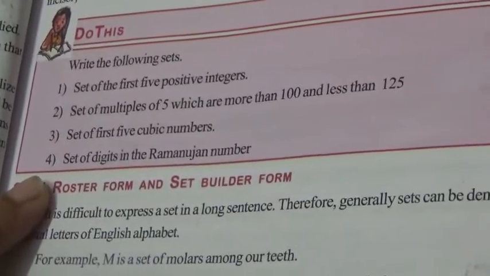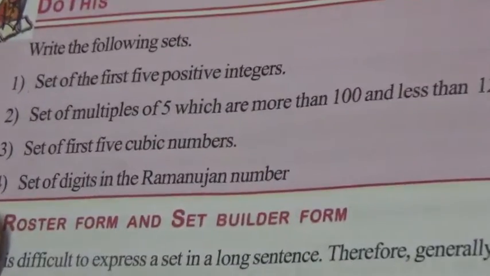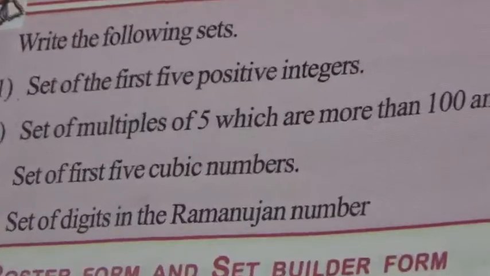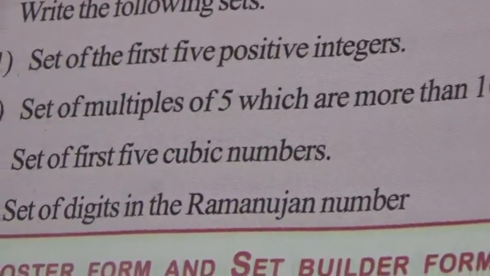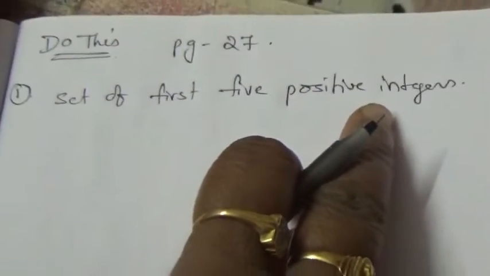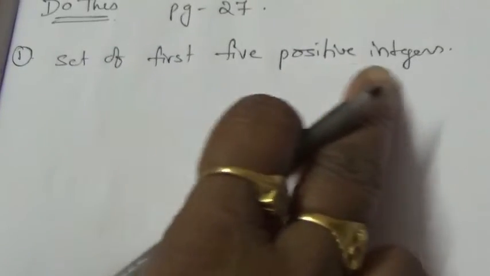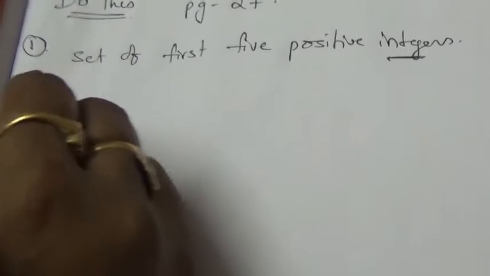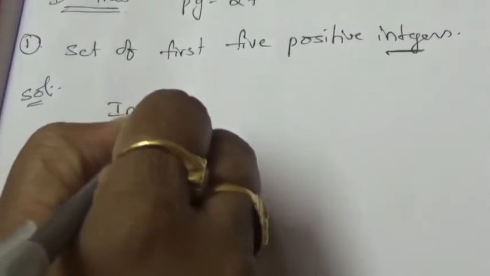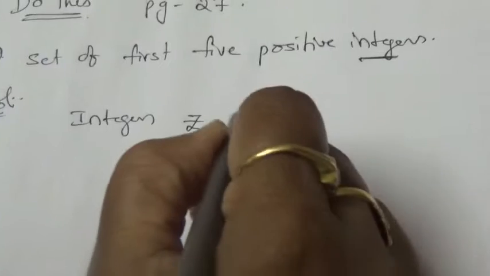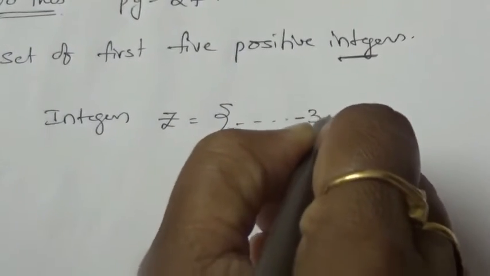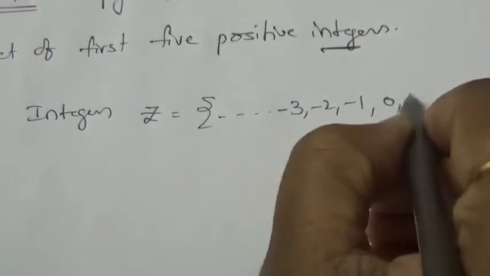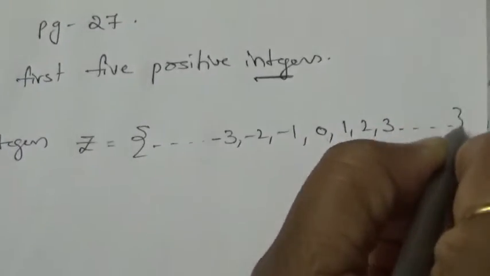The first question given here is the set of first 5 positive integers. Positive integers means what? Integers, we know, Z is equal to negative numbers, 0, and positive numbers.